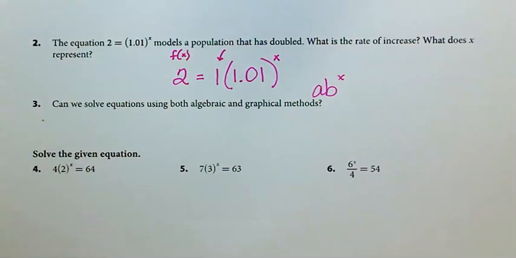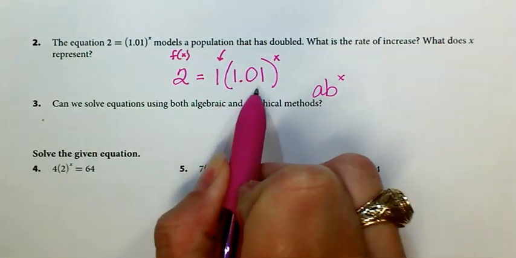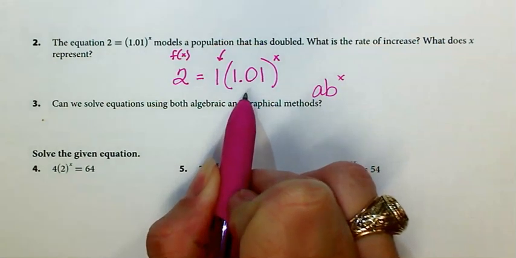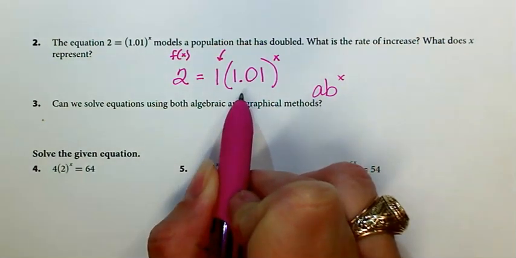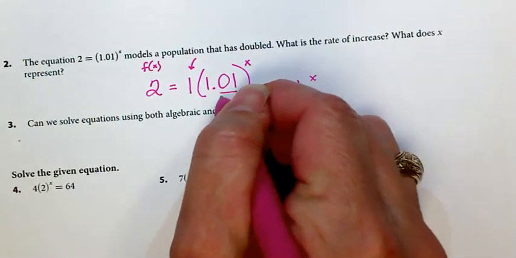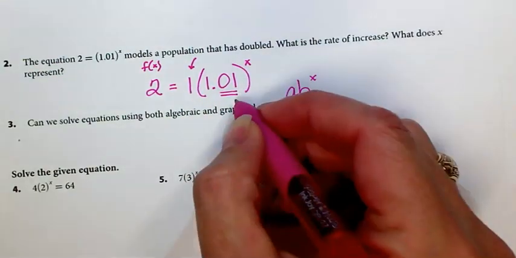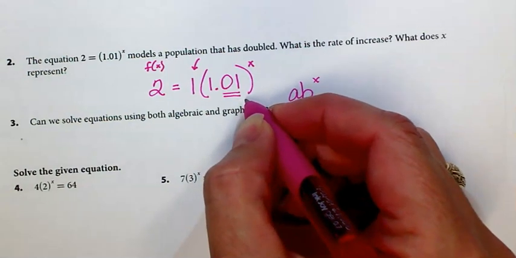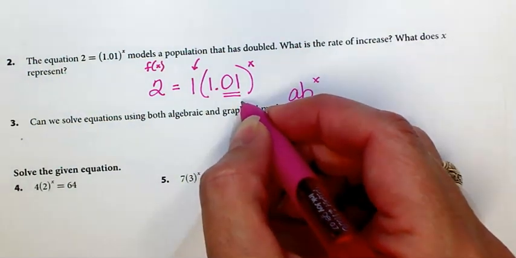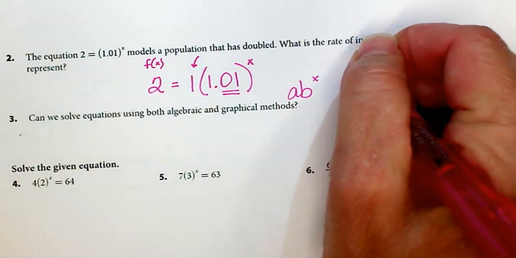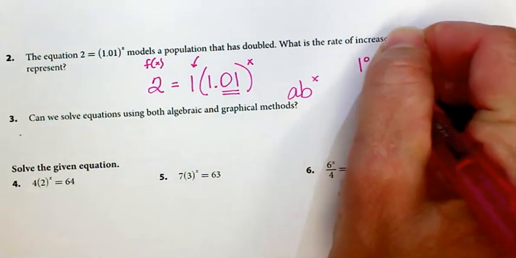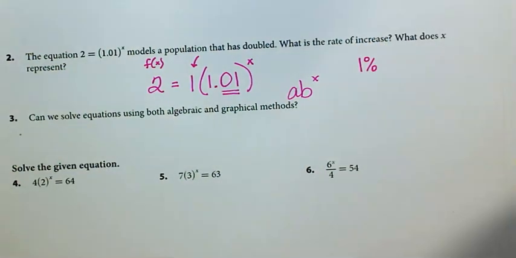What's the rate of increase? Well, if in here it was exactly 1.00, then it's not increasing and it's not decreasing. So really, you just look at how much above 1.00 it is, and that's your rate of increase. So your rate of increase is 1%, okay?